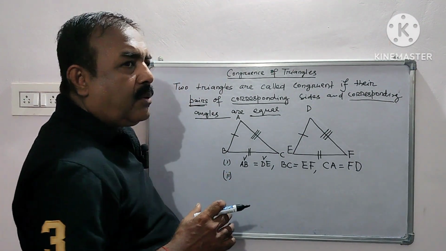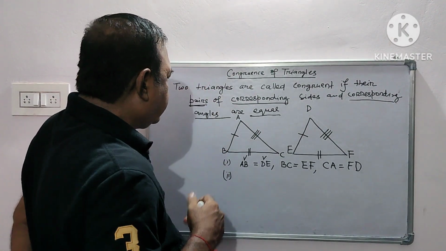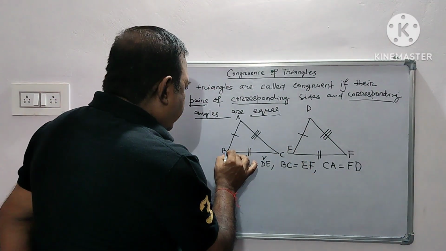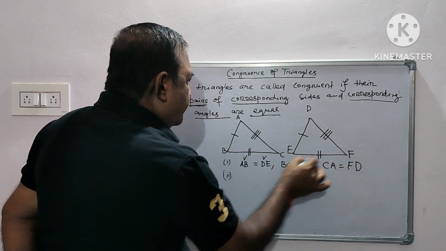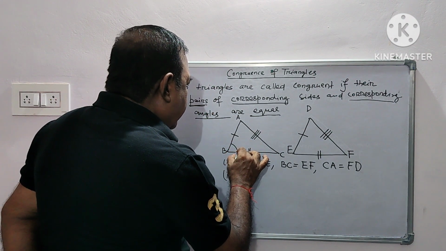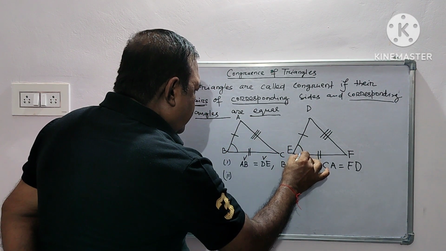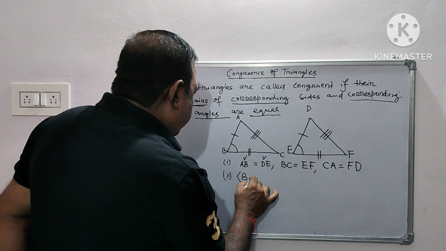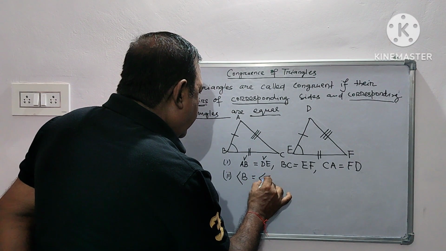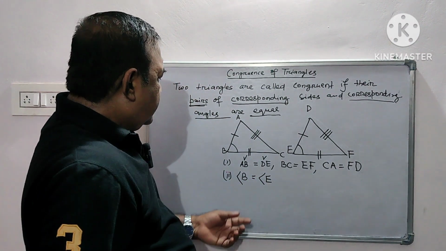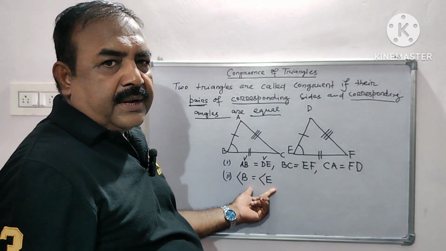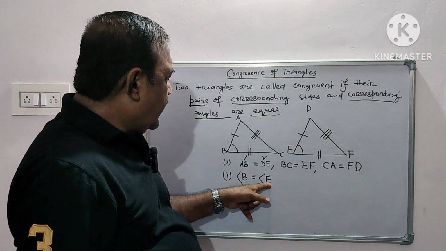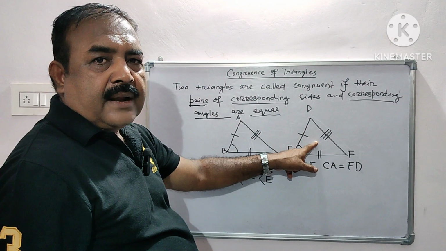And how can we know the corresponding angles? You see AB, here DE, here BC, here EF. So this angle measures equally with this angle. The measure of angle B is equal to the measure of angle E. These two angles are corresponding angles. This angle belongs to triangle ABC and this angle belongs to triangle DEF.